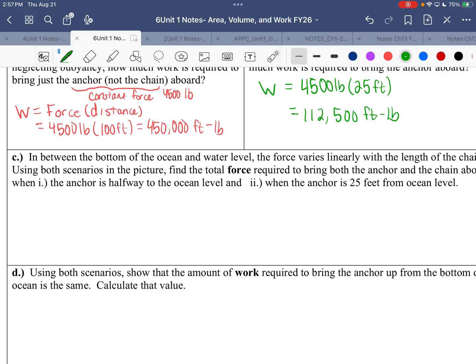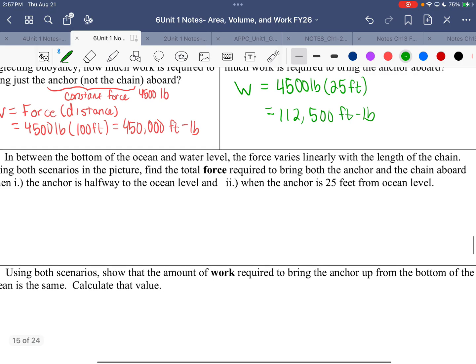The force between the bottom of the ocean and water level varies linearly with the length of the chain. We could tell that the length of the chain was going to have a varying force because its weight was 25 pounds per foot.